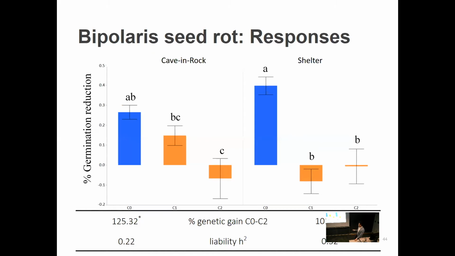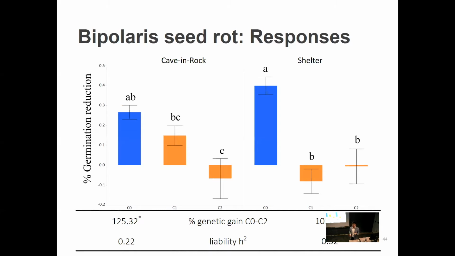Based on these genetic gains, I can calculate the liability heritability, the realized heritability in this case of a binary trait. It's 0.2 here and 0.3 here, which is acceptable, moderate heritability. So as a plant breeder, I'm so proud of this result; I got something out of this.